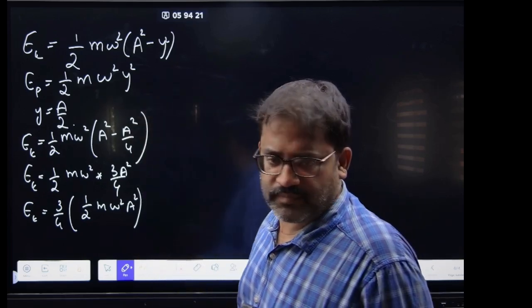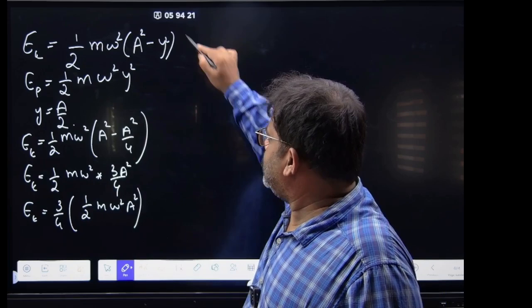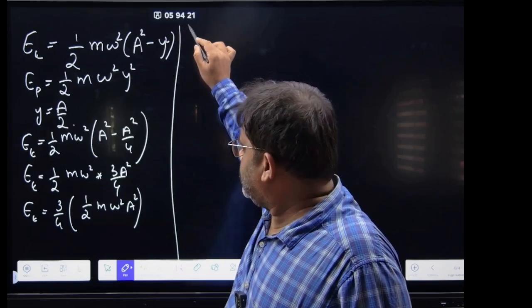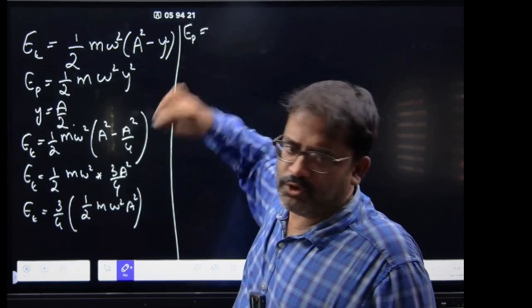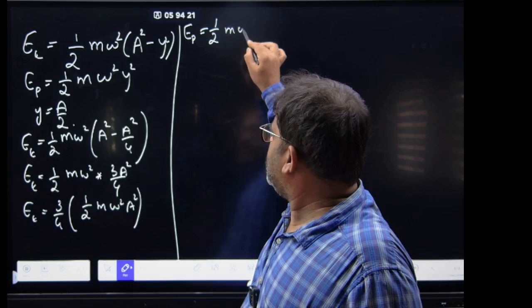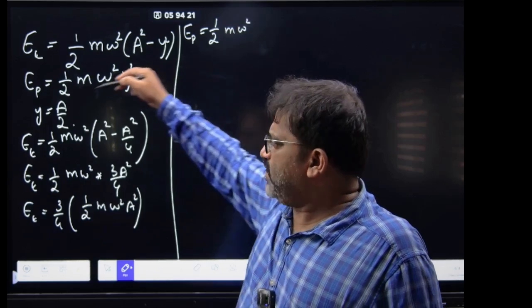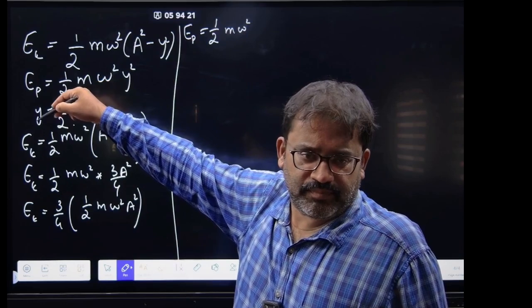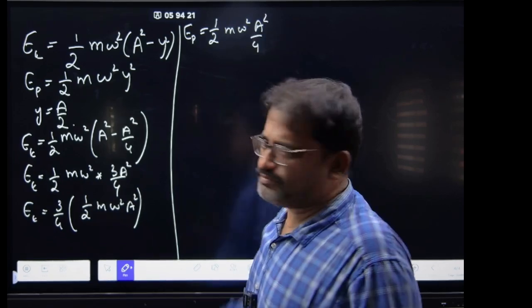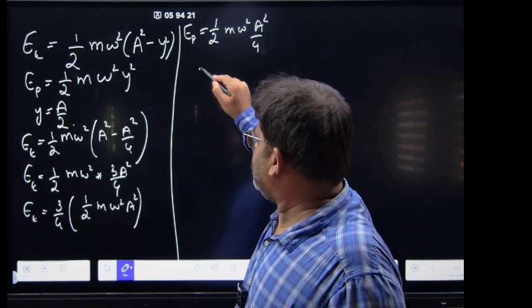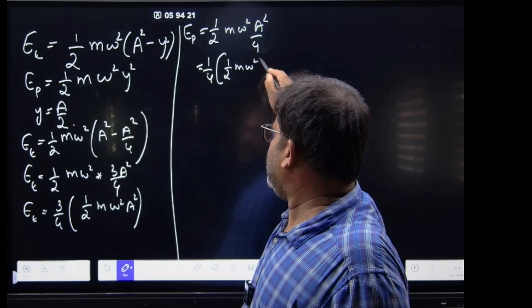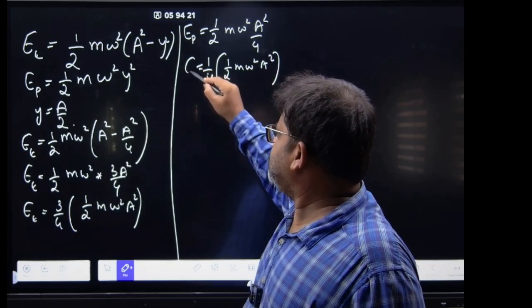Now, what is the potential energy? Ep is equal to half m omega square into y square, but y is equal to A by 2, so that is A square by 4. So that is equal to 1 by 4 times half m omega square A square. So this is potential energy Ep.